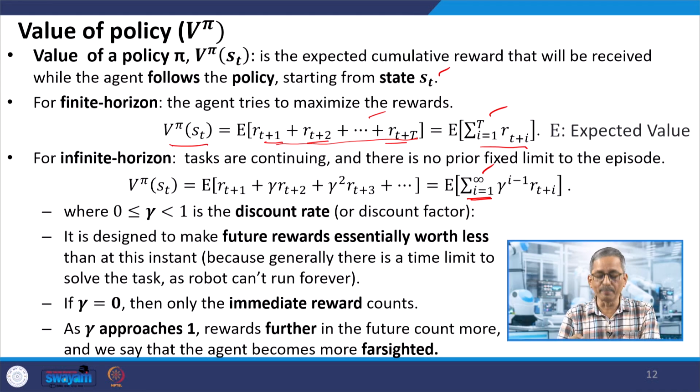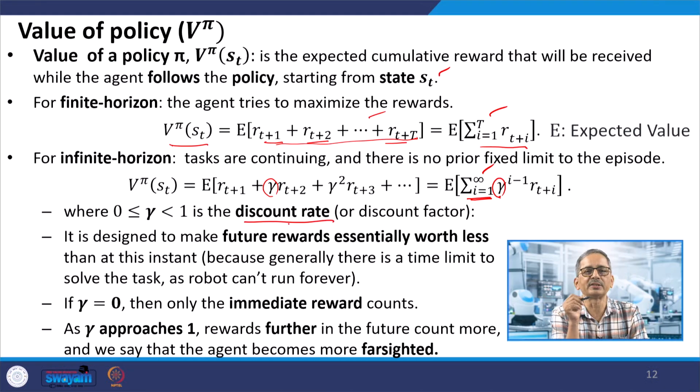And there is one more thing used in the infinite horizon, and that is the gamma value, which we also call the discount rate or the discount factor. This gamma value is between 0 and 1, that is, greater than or equal to 0 and less than 1.